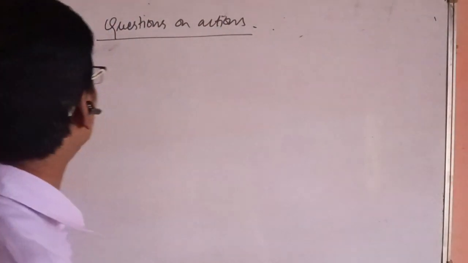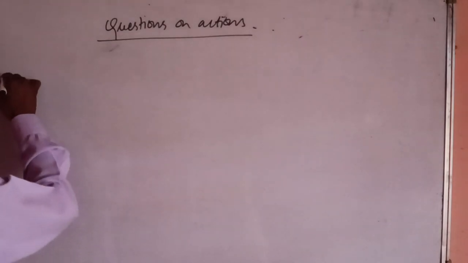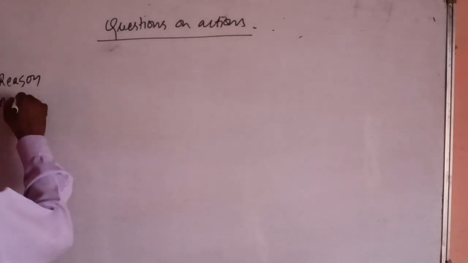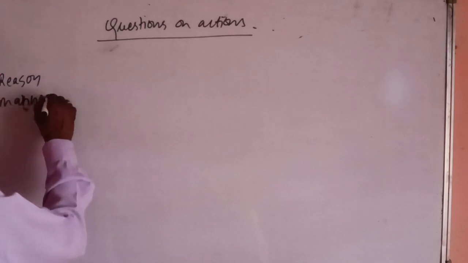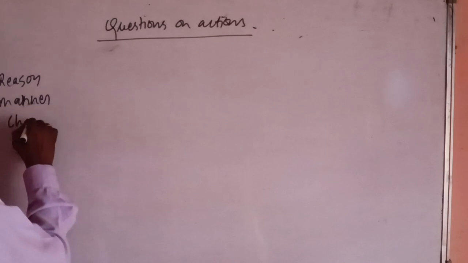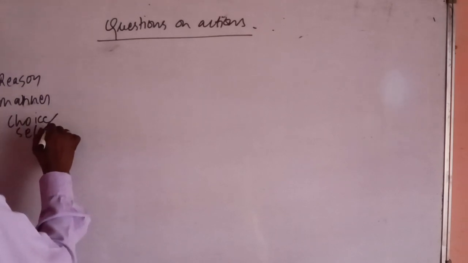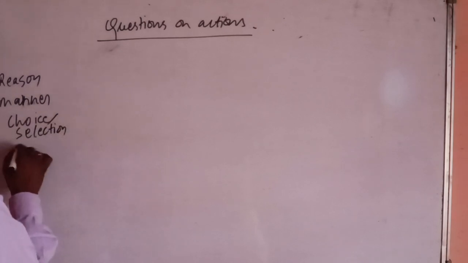Let's see. We can ask a question on the reason of action. We can ask a question on the manner of action. We can ask a question on the choice or selection of action.